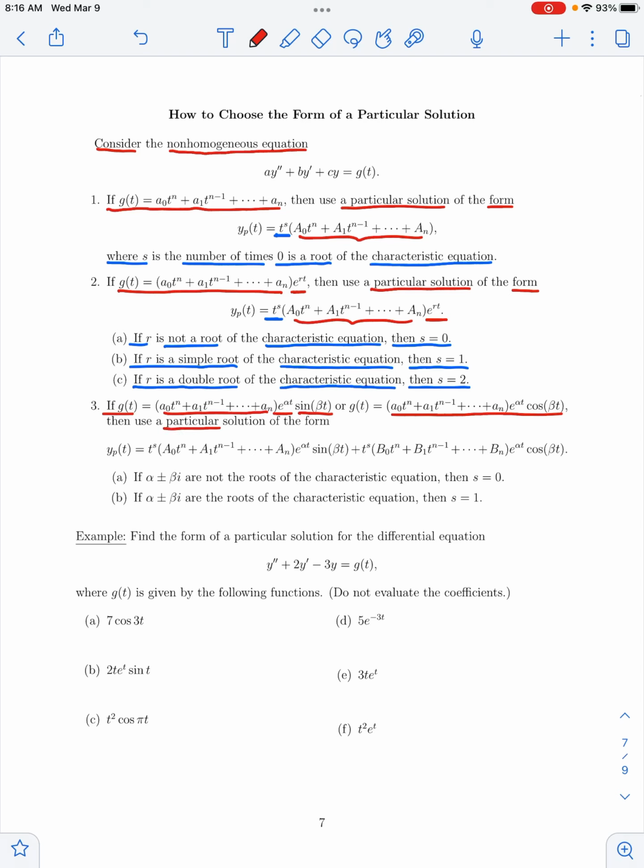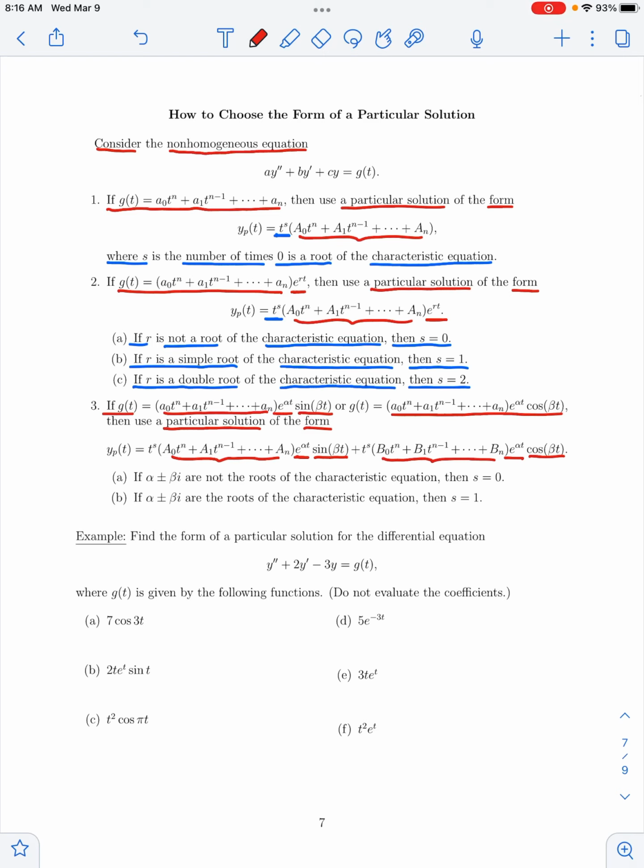In which case we would look for a particular solution of the form some general nth degree polynomial times the same exponential, e to the alpha t, times the same sine function, sine of beta t. And we saw that we also had to include the same sort of thing, but with a cosine function. So we would have some nth degree polynomial times the same exponential times cosine of that beta t value.